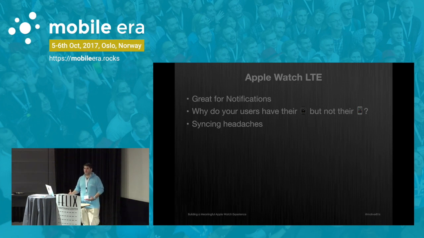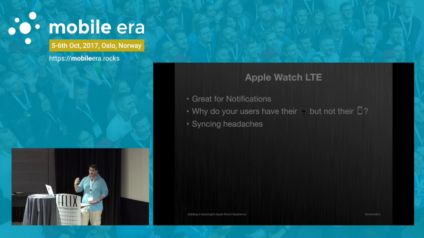For us as developers, I think the important thing to think about is, why do your users have their watch on them and they don't have their phone on them? Once you figure that out, then figure out what you potentially want to do with it, not the other way around. Don't simply try and do something with the LTE on the watch just because it's there. Figure out why it is that your users have their watch and not the phone.